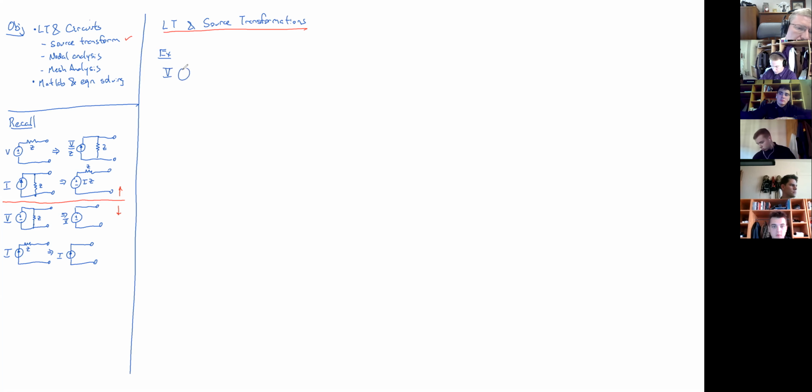You've got a voltage source. I'm not going to get bogged down in the details. We're going to approach it from a high level. You've got a circuit that looks like this.